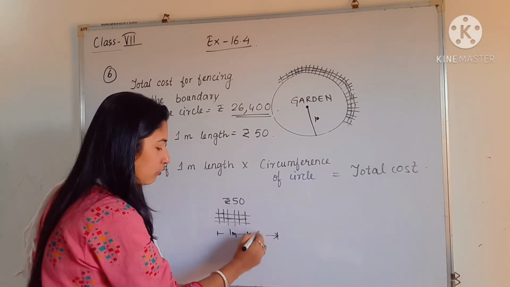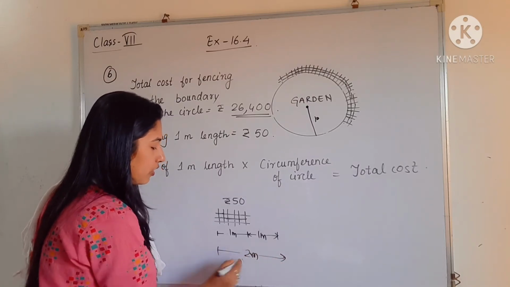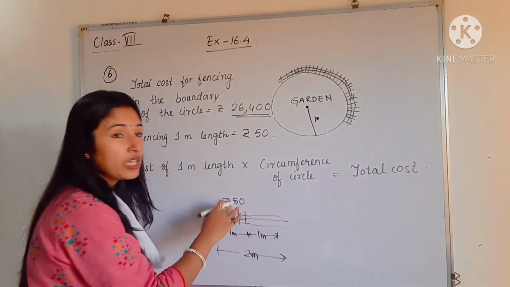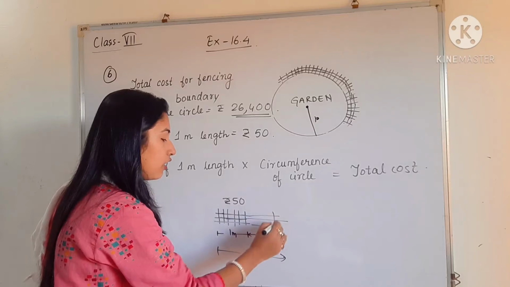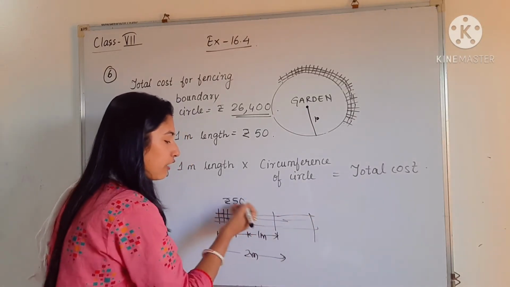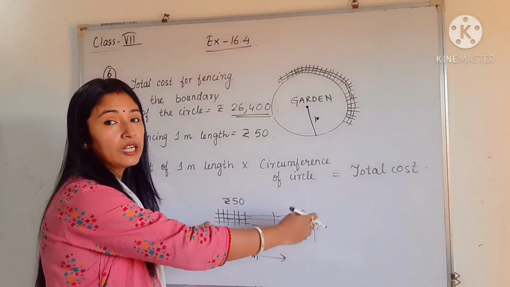Yes, again another one, that means this is total 2 meter. So for putting fencing in 2 meter length will be rupees 50 into 2. Similarly, for 3 meter length will be how much? We have to multiply 50 with 3 because the total length, then it will be 3.